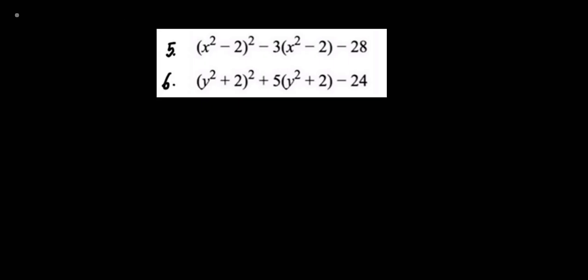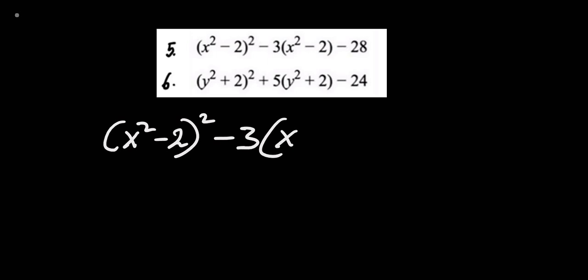Number 5. We have x squared negative 2 squared negative 3 x squared negative 2 negative 28. Now, the content of the parentheses is the same.